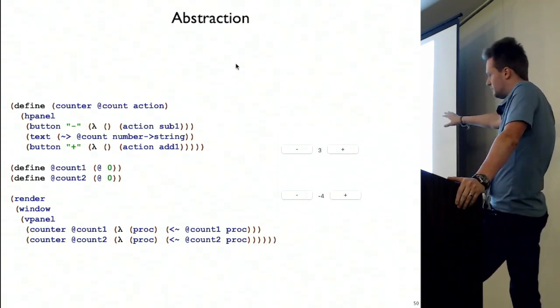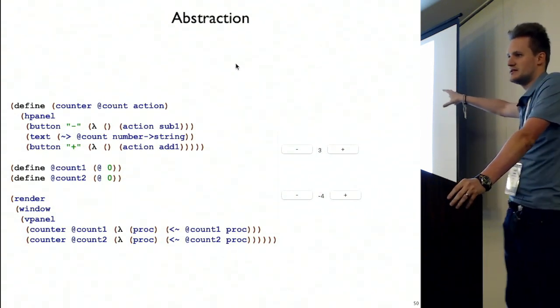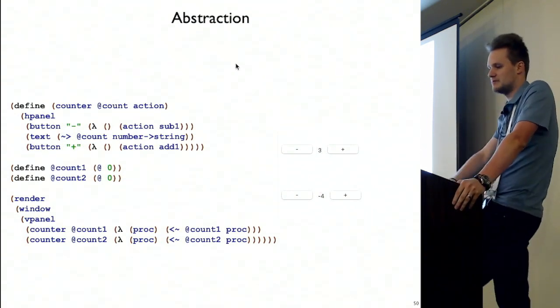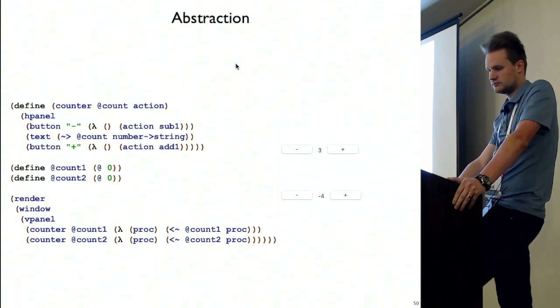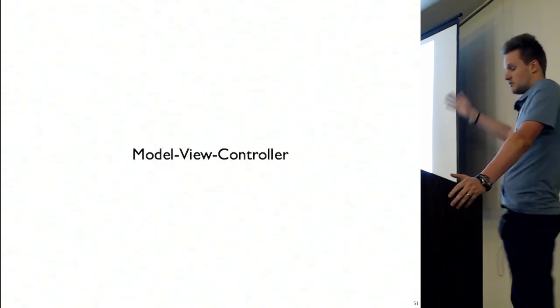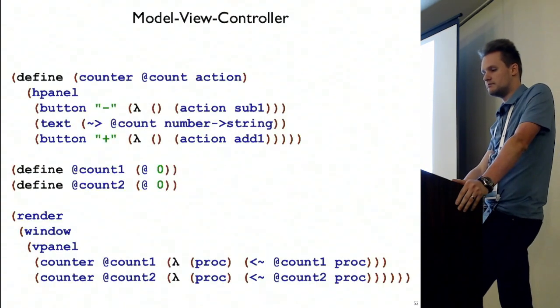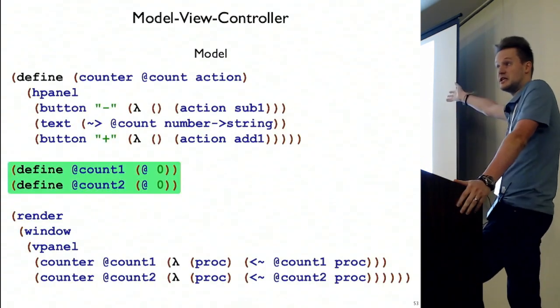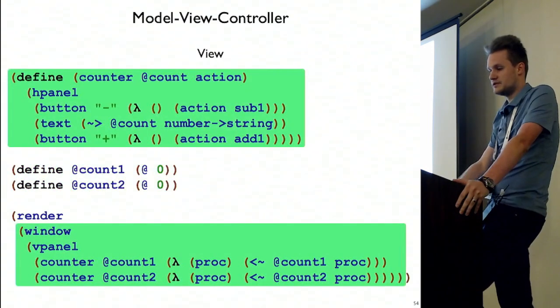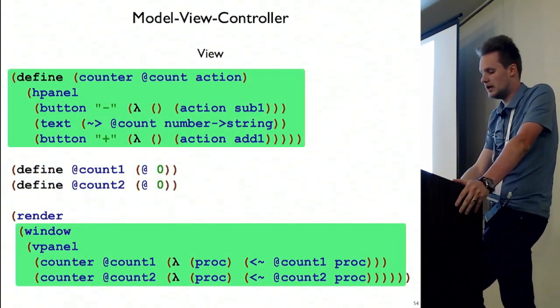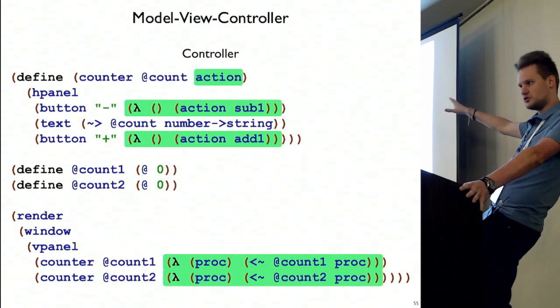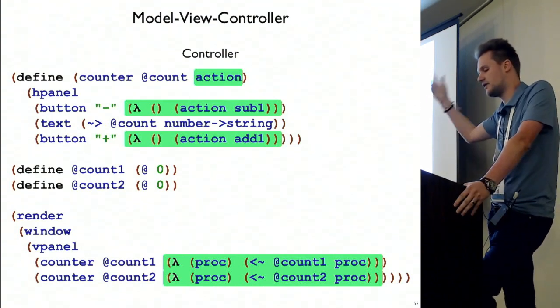The important piece here is that we're able to create domain-specific concepts from the lower-level graphical concepts like buttons. There's some relationship here, I think, somewhat obviously to the model view controller frameworks. In particular, we have some state, it's a model, and we have some views, they are views. And then the most nuanced piece, the controller, and how these callbacks work.